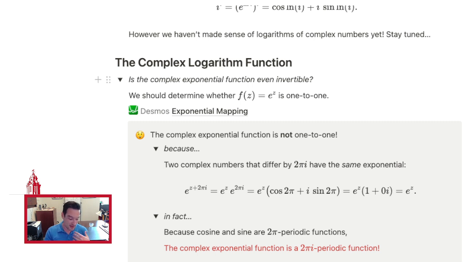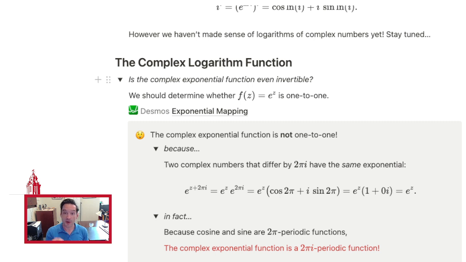So not only does the exponential function fail to be one-to-one, it fails infinitely often. There's a whole infinitude of different points in the domain of the complex plane that all land in the same spot after we run them through the exponential function. So they fail to be one-to-one in the same way that the sine and cosine functions in high school fail to be one-to-one. They fail the horizontal line test infinitely many times. Same kind of thing is happening here.